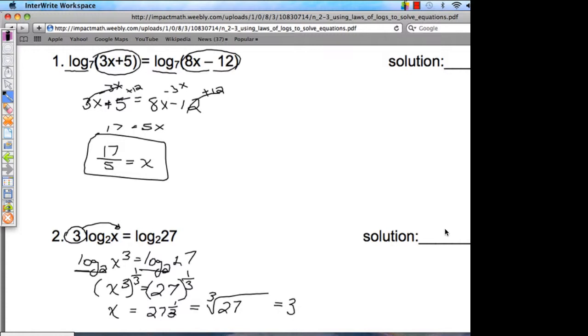So my answer is x equals 3. Then you can check: if I put a 3 here, I would not be trying to take the log of a negative number, and 3 cubed is 27, so that checks out, and you can tell that you have the right answer.